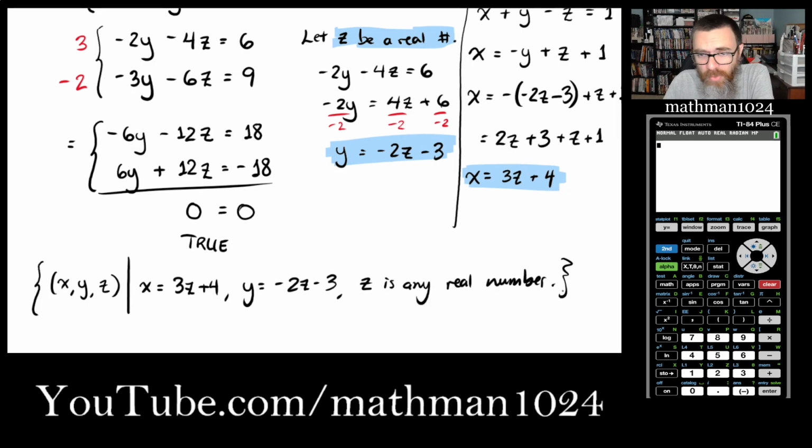Now, as we showed before, you can pick z to be anything. And what you're going to find out is that you'll have a complete ordered triplet, and that would then work for all three of those equations.